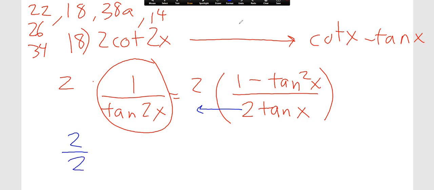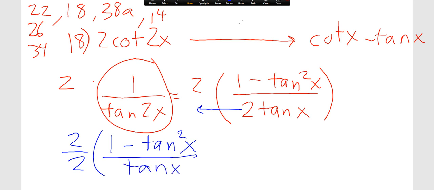And then we have 1 minus tan squared x over tan x. Okay. So far, do you see anything that cancels? 2's gone. All right.